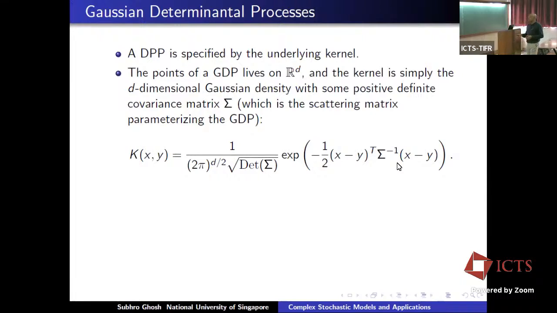Okay, so sigma is our parameter, and what is the class of sigma for which this is a valid Gaussian density?